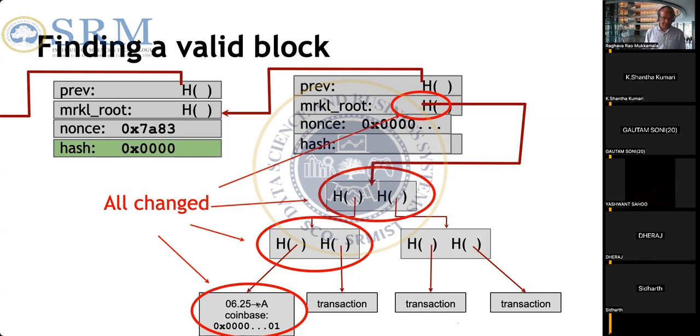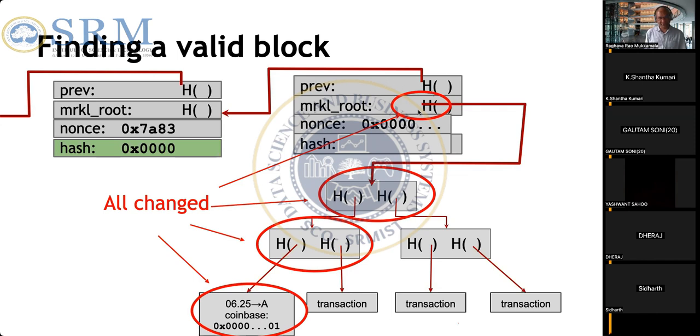And remember, whenever you change this coin-based transaction, the whole graph will change, because you are changing this transaction, and the hash value will change, and all the hash values will keep on changing, including the Merkle root. So you have to recompute all the hash graph again.